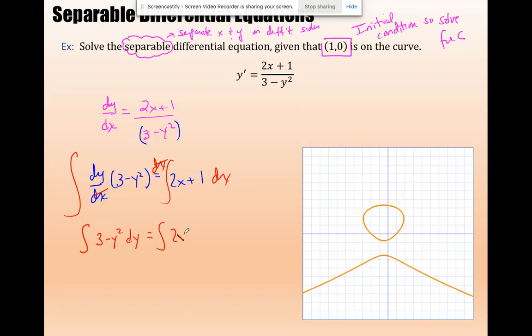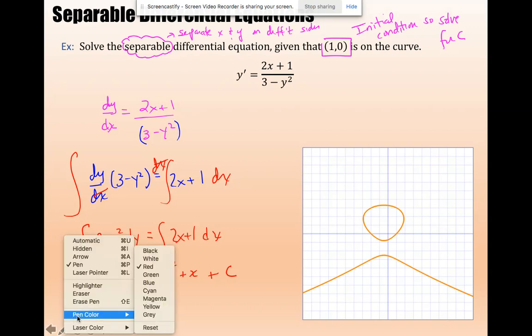And integrating 2x plus 1 with respect to x. Plus c. Right? But there's a constant over here and a constant over there. I'm going to collect the constants on one side. It doesn't matter what side you collect them on either.